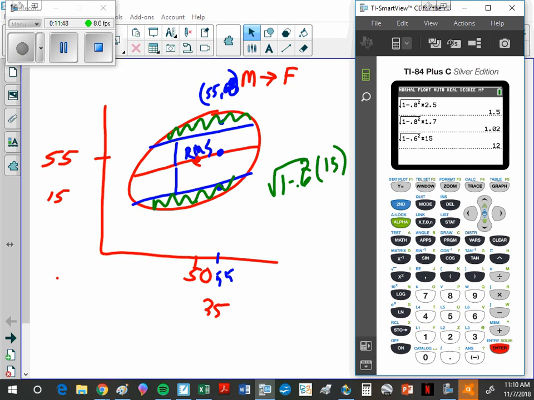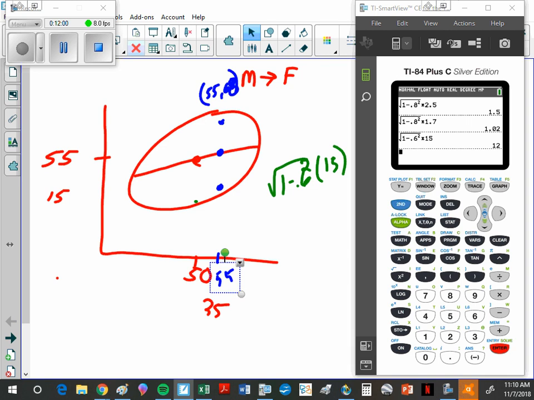Okay, B. Predict the final score for a student whose midterm score was 80. So, I want to know if I score 80, what is my predicted score? Well, how far is it from 50 to 80? 30 points.